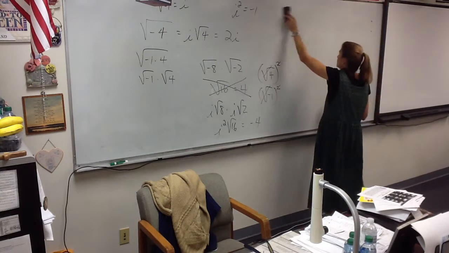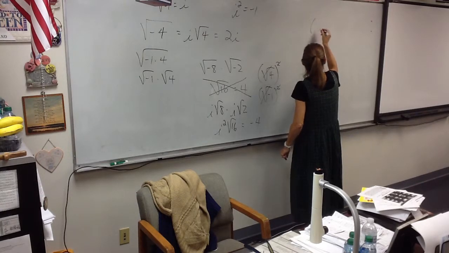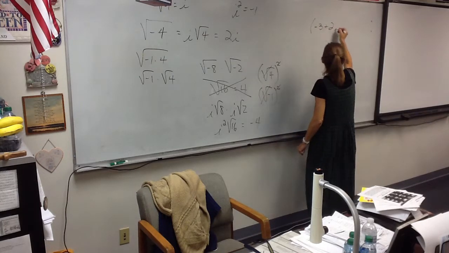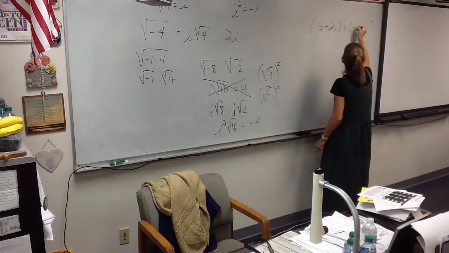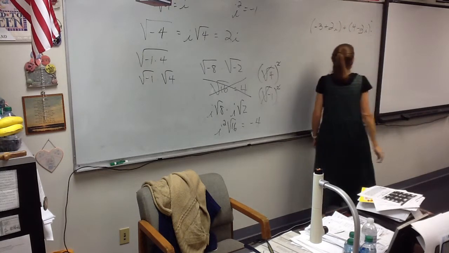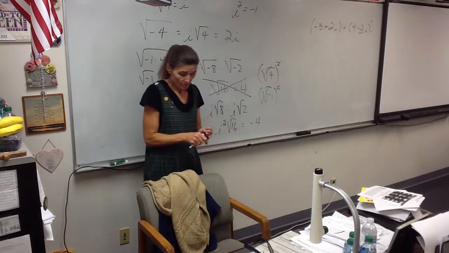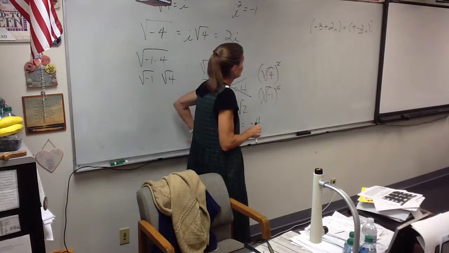What if we wanted to add a couple of complex numbers? How do you think we add those complex numbers?